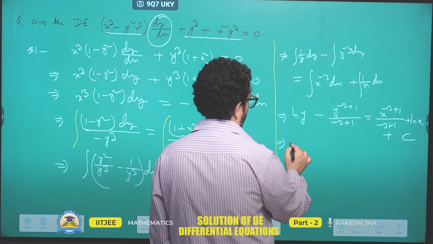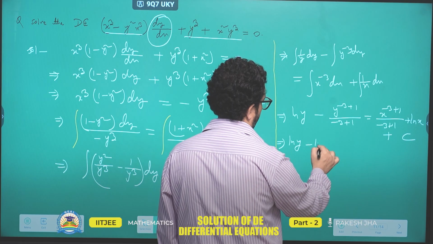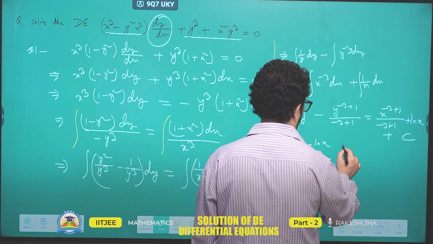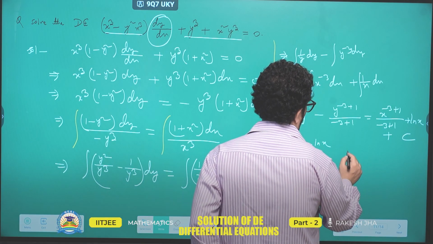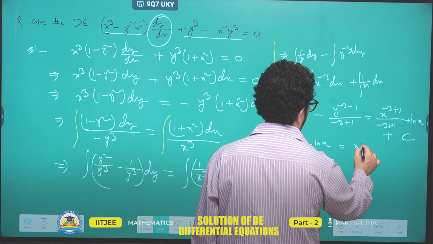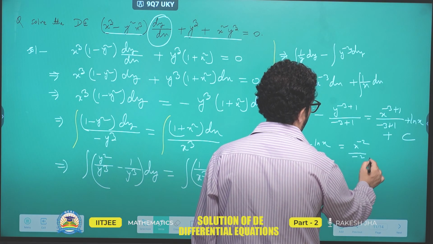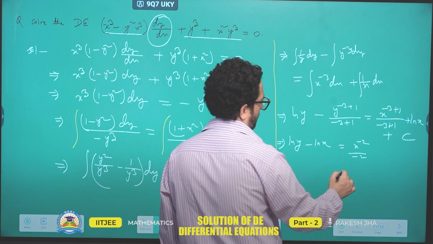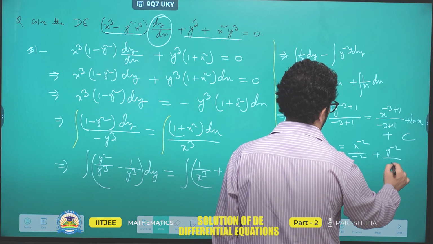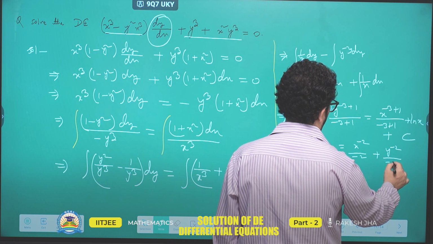So in the next step, ln y minus ln x is equal to x raised to the power minus 2 upon minus 2, and this will go that side, so plus y raised to the power minus 2 upon minus 2.